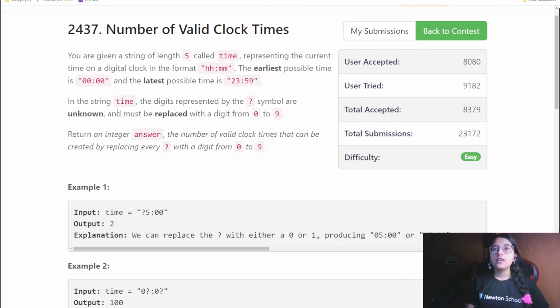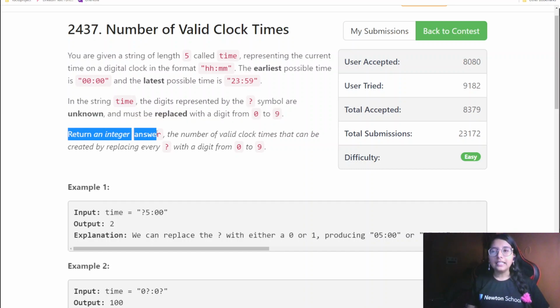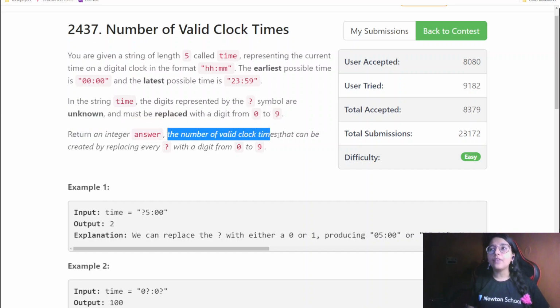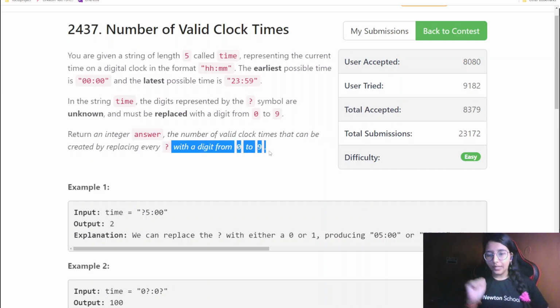So in this question, in the string time, the characters represented by the question mark symbol are unknown and must be replaced with a digit 0 to 9. Now return an integer answer: the number of valid clock times that can be created by replacing every question mark with a digit 0 to 9.